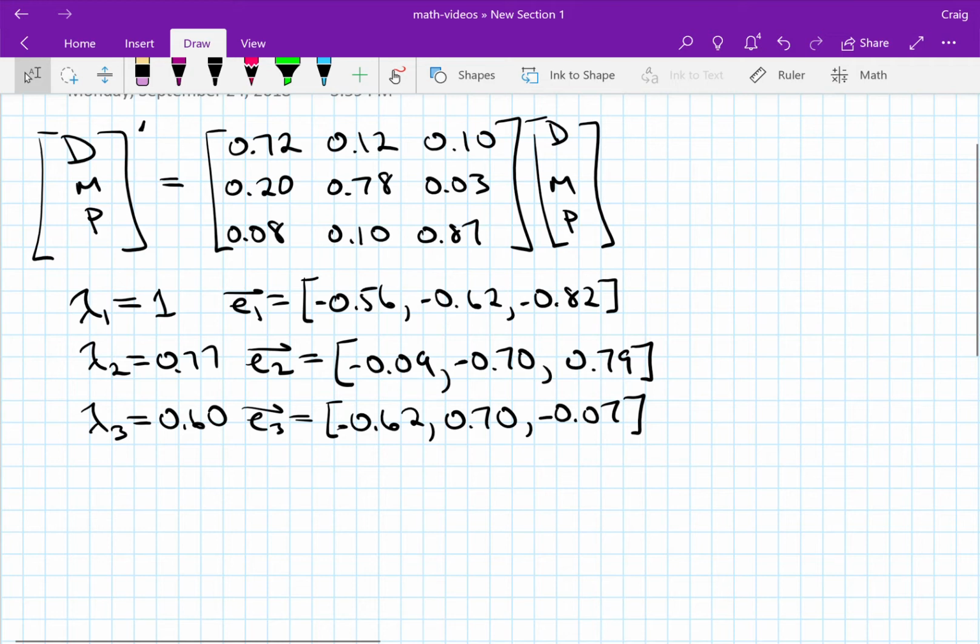terms of a combination of the eigenvectors at any one year, we could advance simply by taking the eigenvalue to some power.